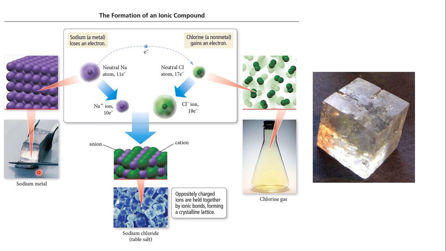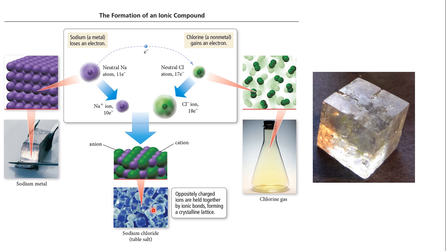So let's look at pure sodium metal here. Sodium is a metal, but it's super soft. You can cut it with a butter knife. And let's look at chlorine gas here. Now, both of these elements on their own are poisonous to us. However, you combine a sodium and a chlorine atom, and you get salt. Sodium chloride, table salt. And you get this repeating pattern where you have anion, cation.